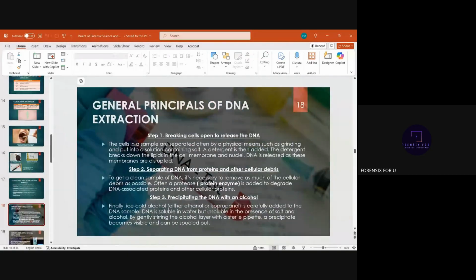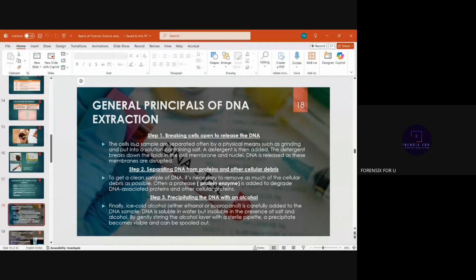So, what are the general principles of extraction? The first step that we undertake while extracting DNA is breaking open the cell to release the DNA. Any cell of any body contains a cell wall, cytoplasm, and a lot of other components, and embedded inside is the nucleus, which again is covered by a membrane inside which the DNA is present.